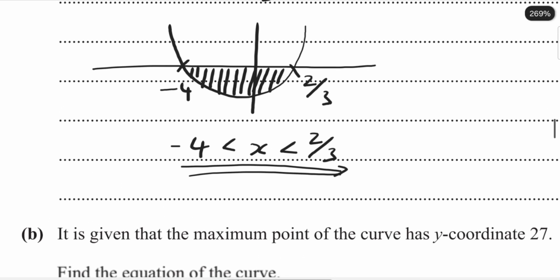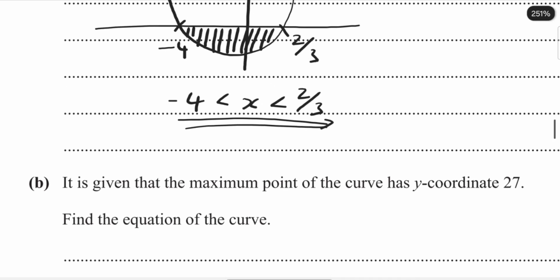And for the second part, it is saying it is given that the maximum point of the curve has y coordinate 27. Find the equation of the curve, right? So for us to get the equation of the curve, we need a coordinate on the curve, right?